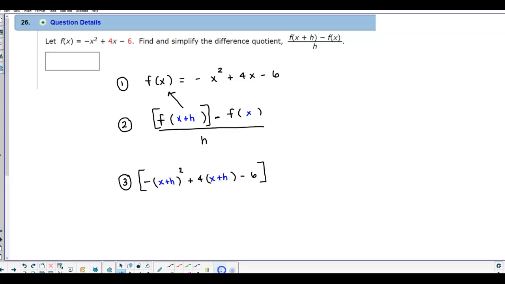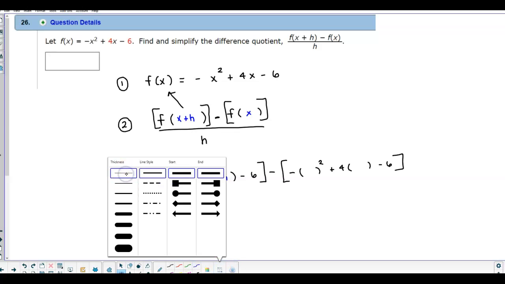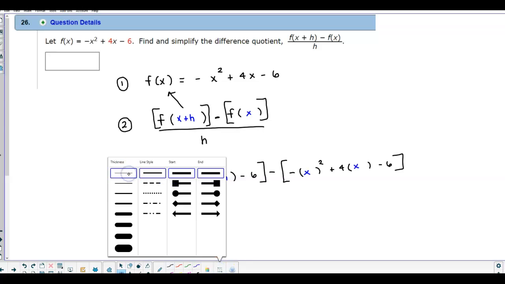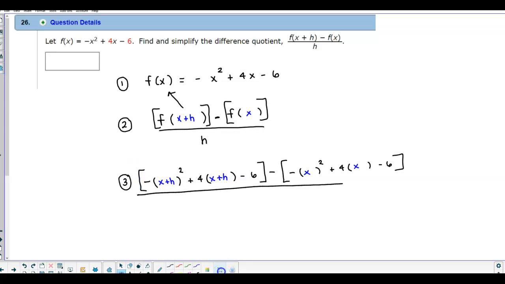Then we have minus f of x, so now the input is x. And then we're dividing this entire thing by h.